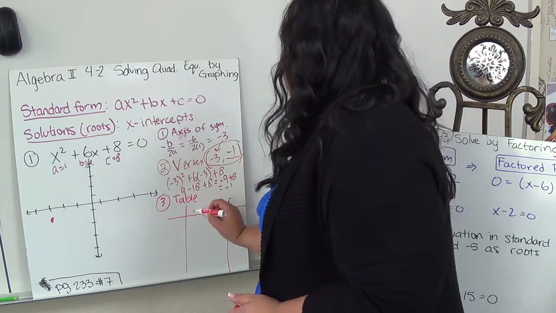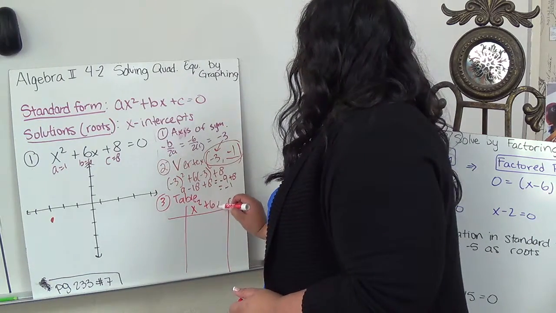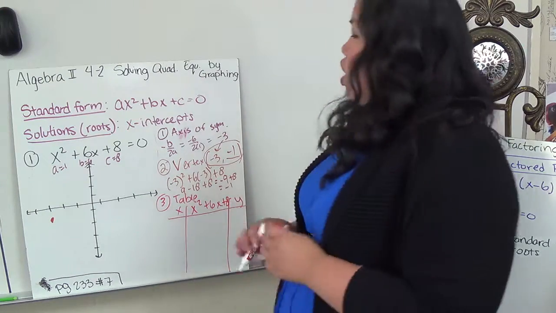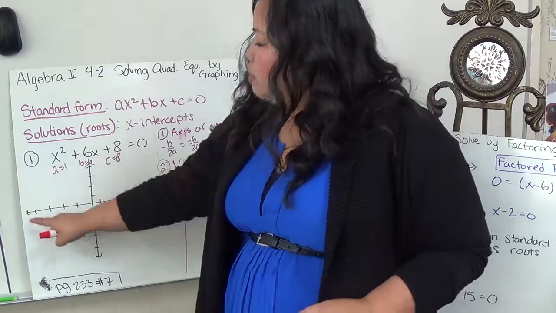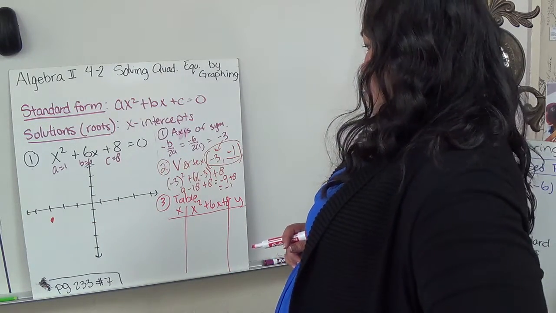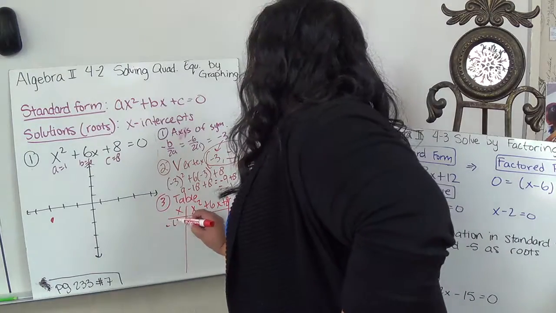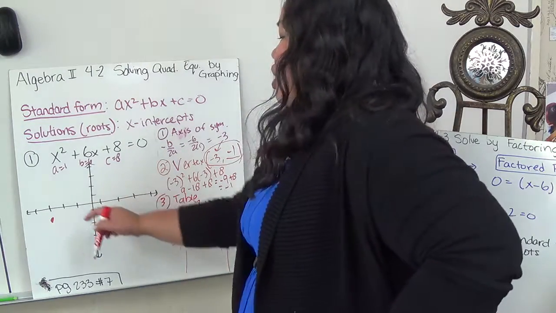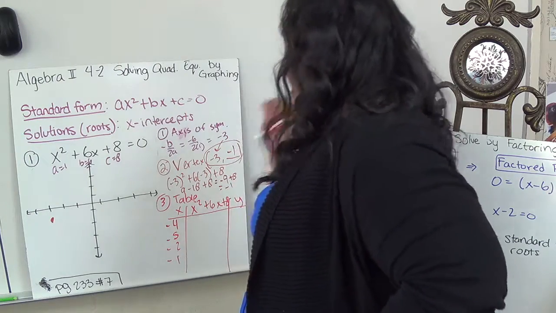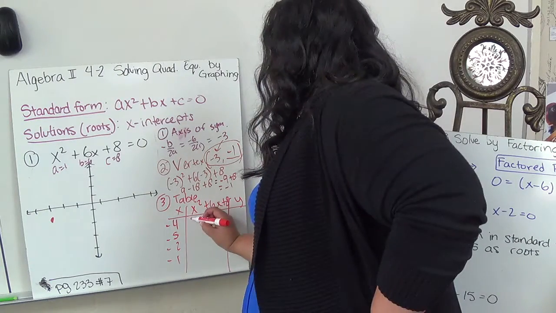Our equation is x squared plus 6x plus 8, and our x's and y's. So I'm going to use my x's negative 4, negative 5, and then my x's negative 2, negative 1. And now plug it in.